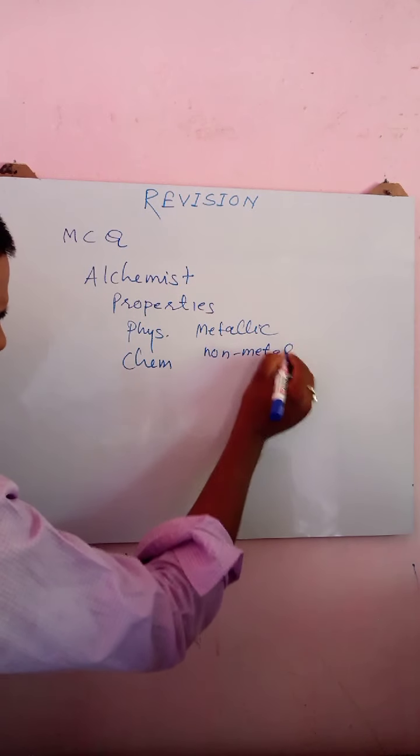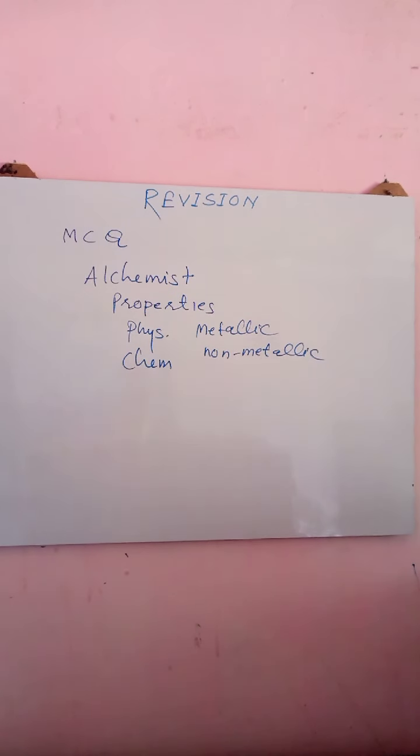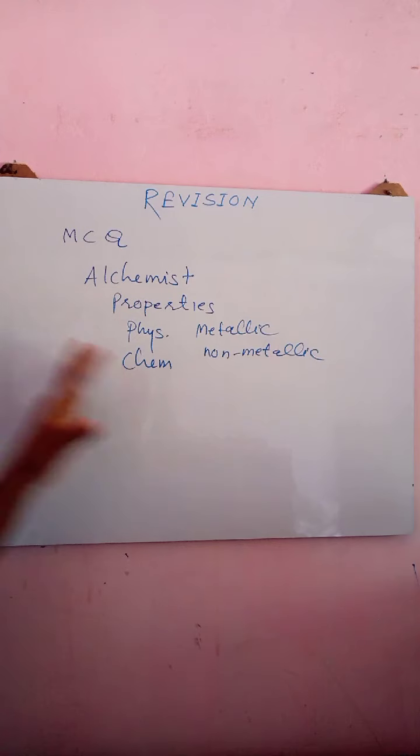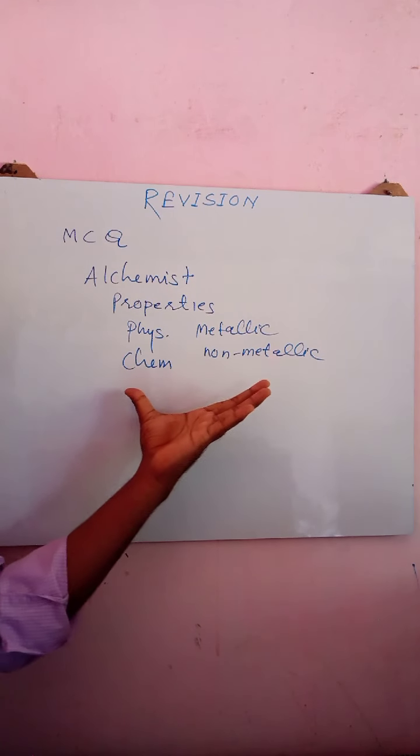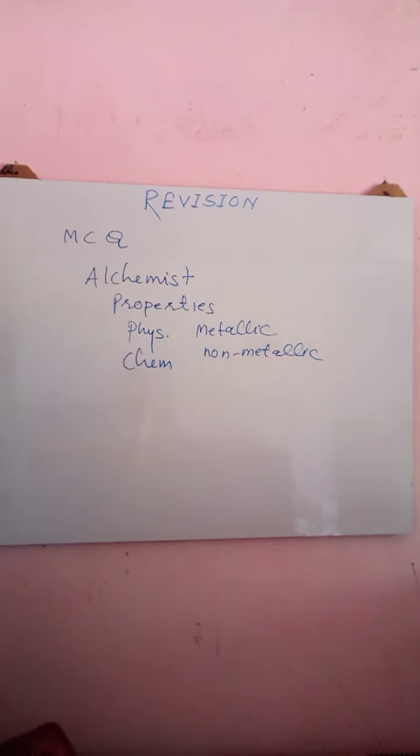It was the base of classification of alchemists, the early chemists, right? But this basis was not enough to classify the elements. That's why it was discarded.